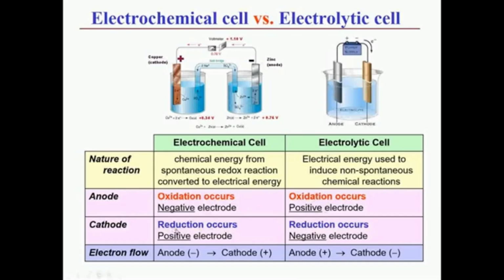In the electrochemical cell, the cathode is a positive electrode because electrons are used up in the reduction process. In the electrolytic cell, however, the cathode is a negative electrode because it is connected to the negative terminal of the battery. In the external circuit, electrons will always flow from the anode to the cathode in both the electrochemical cell and the electrolytic cell.